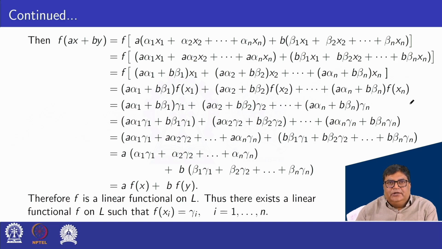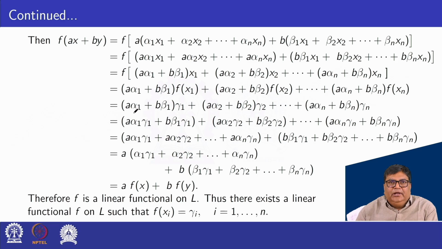So this expression can be written as (a alpha 1 plus b beta 1) into gamma 1, (a alpha 2 plus b beta 2) into gamma 2, plus and so on, (a alpha n plus b beta n) into gamma n.